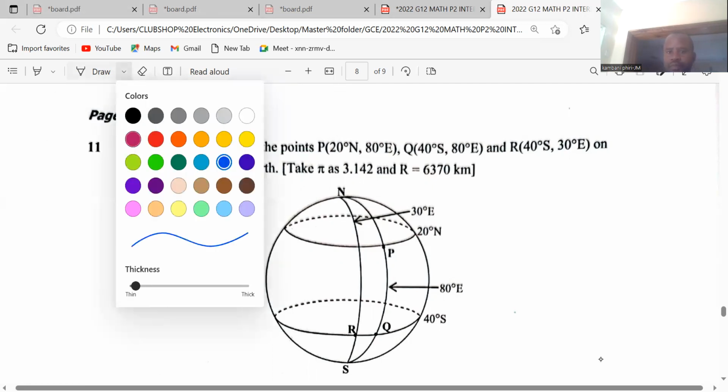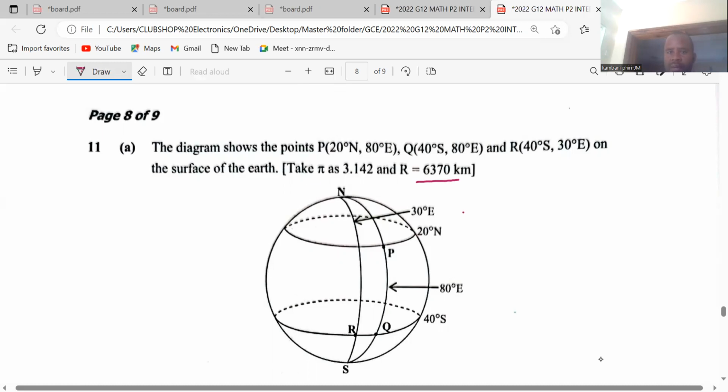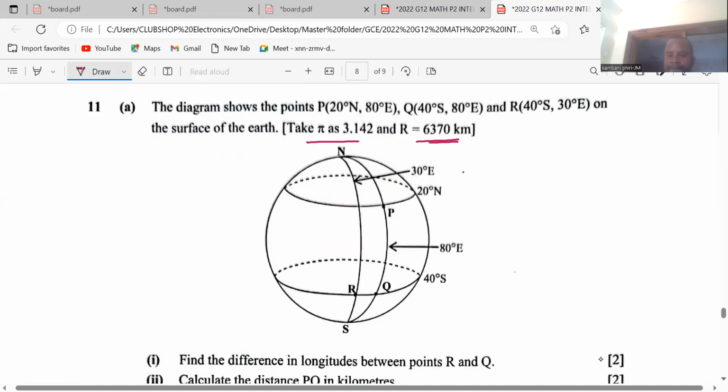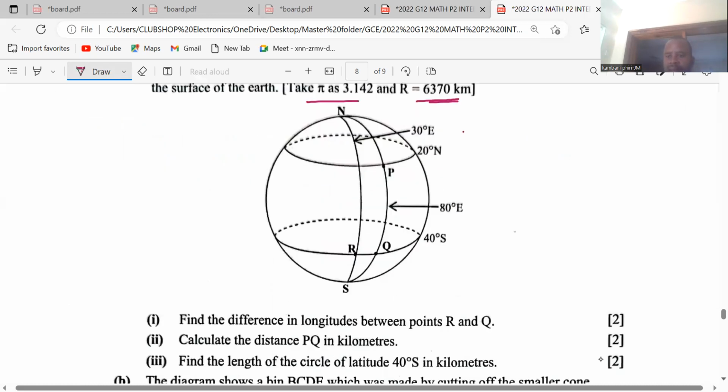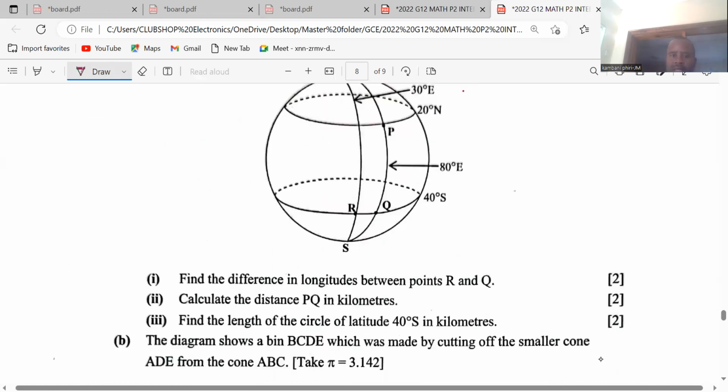So this is what we have: our pi is that, and this is our radius. Let's see what the question demands. That is the first question: find the difference in longitudes between points R and Q.